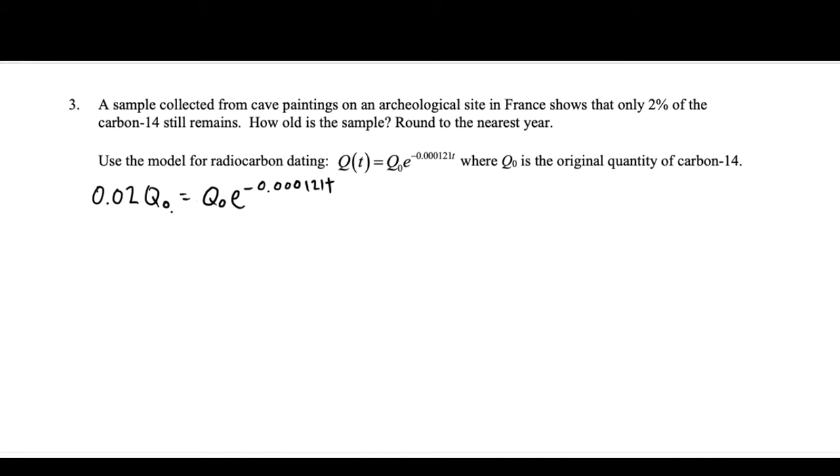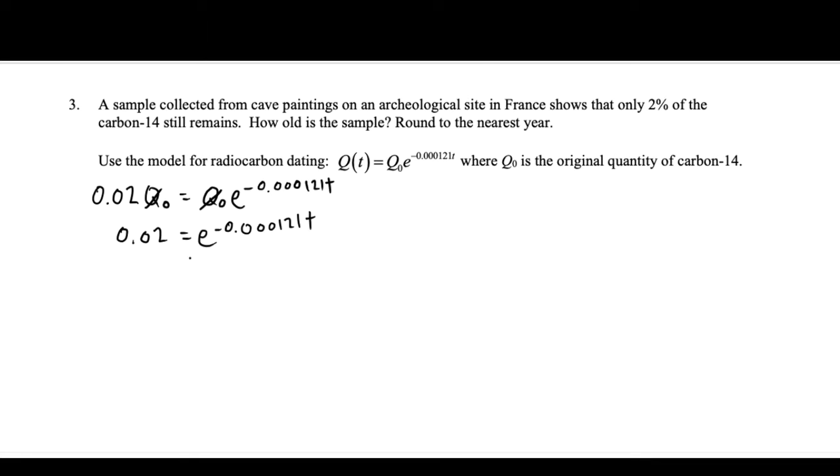Now on both sides, I can cancel out this factor of Q0, and I'm just left with 0.02 equals e to the negative 0.000121t. Now the only unknown is t. So if I solve for t, that gives us an idea of how old the sample is.